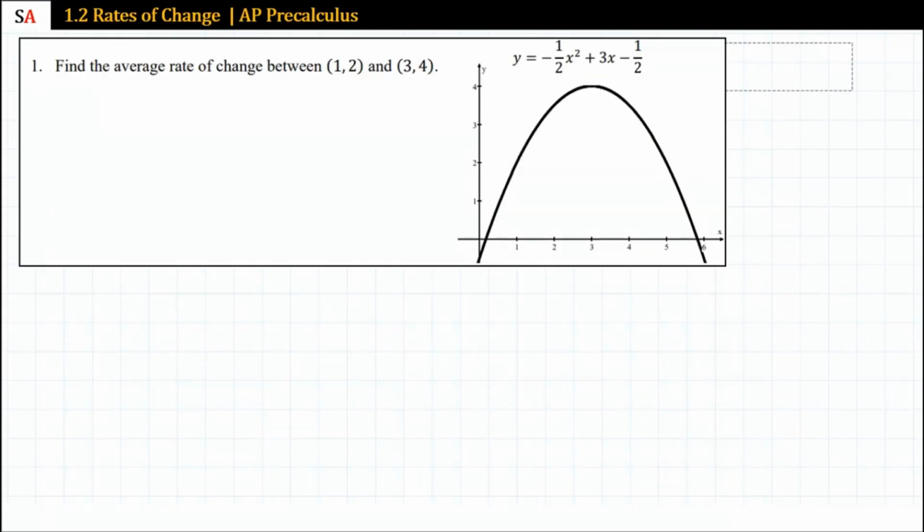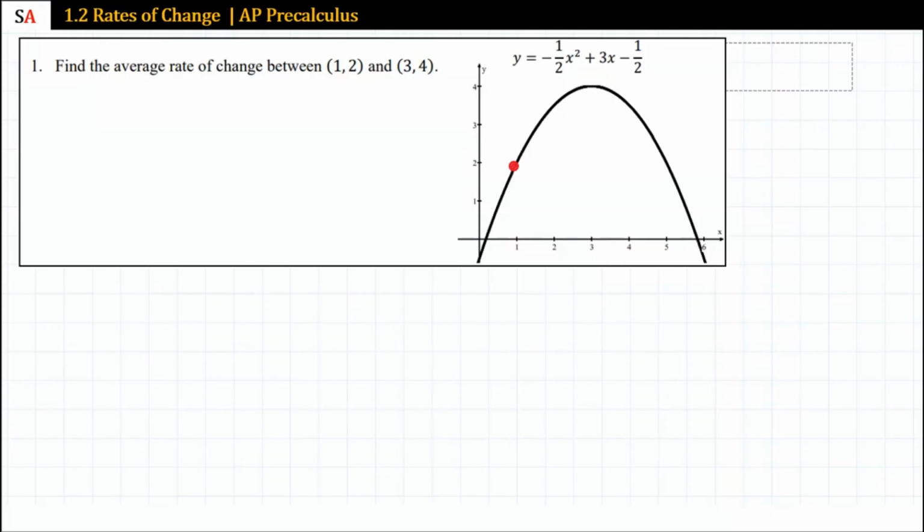Now let's see this problem. Find the average rate of change between (1, 2) and (3, 4). You can see this is the graph of the function negative 1/2 x squared plus 3x minus 1/2. At 1 the corresponding y value, from the graph, is approximately 2.